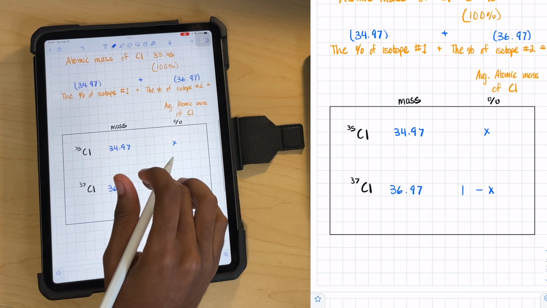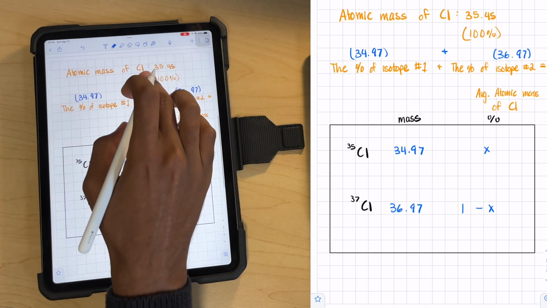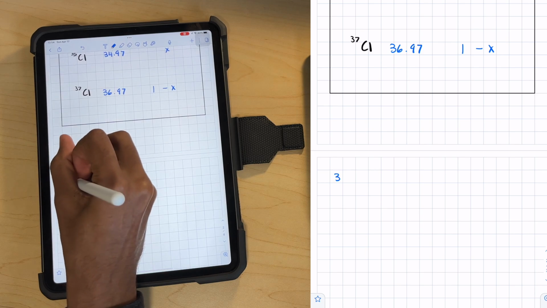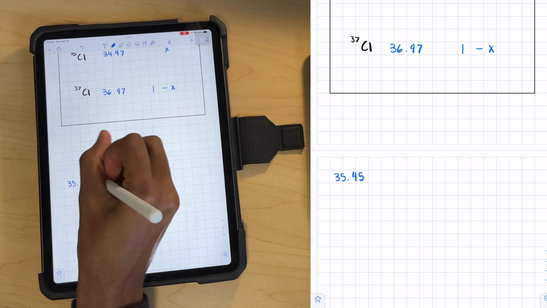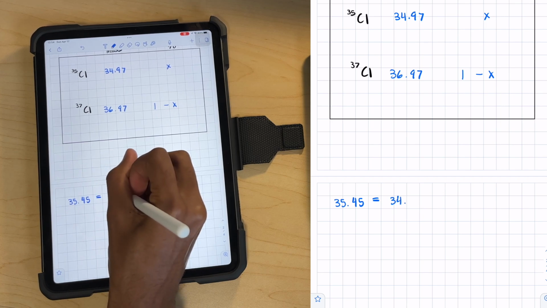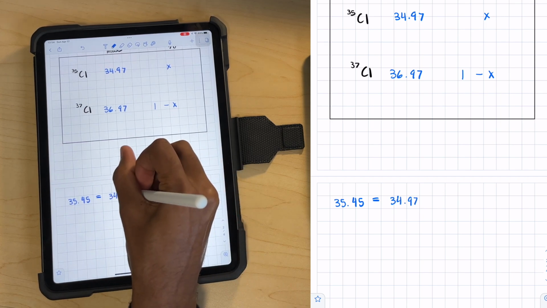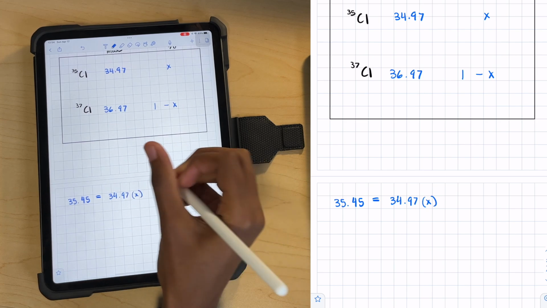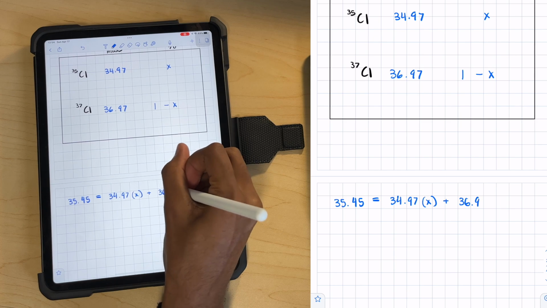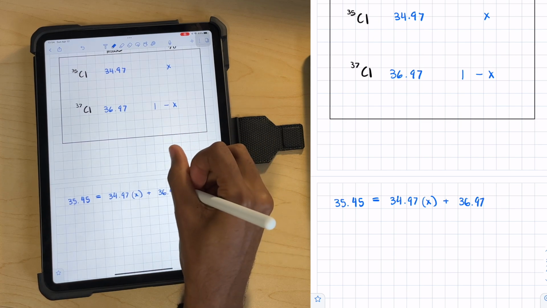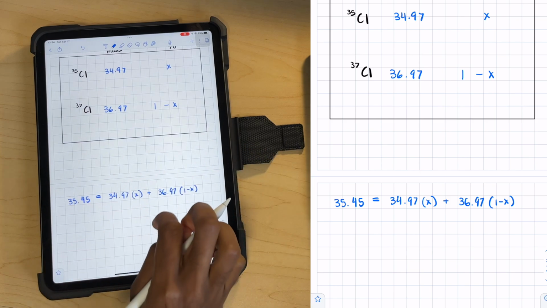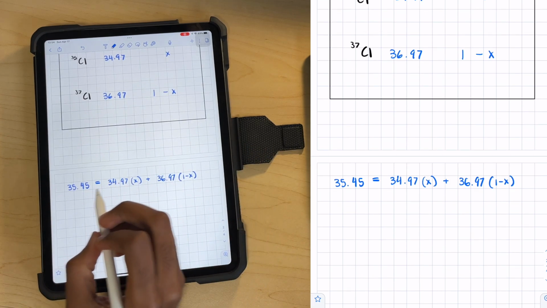Now let's go back up and find the atomic mass for chlorine, 35.45. So 35.45 equals 34.97 multiplied by X plus 36.97 multiplied by 1 minus X. Now we have to solve this algebraically.